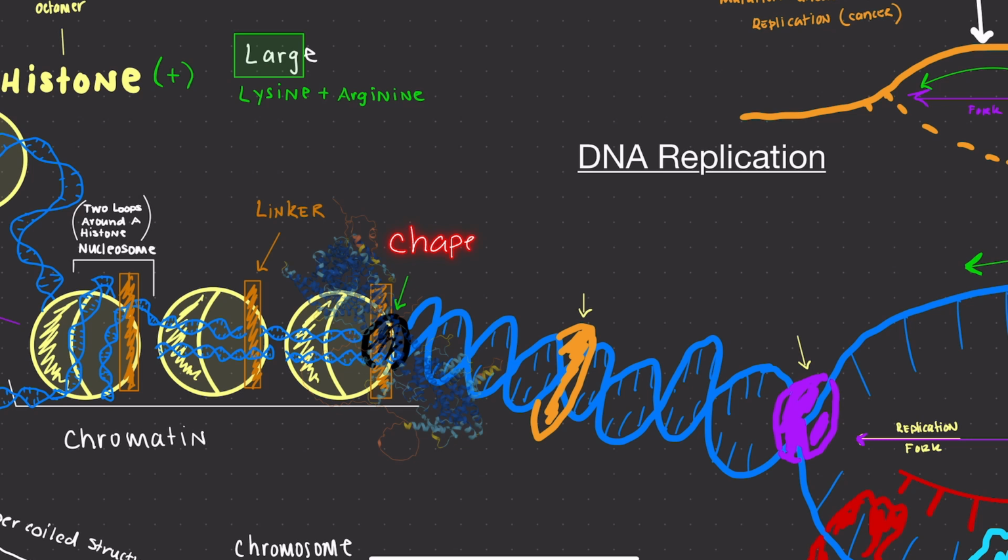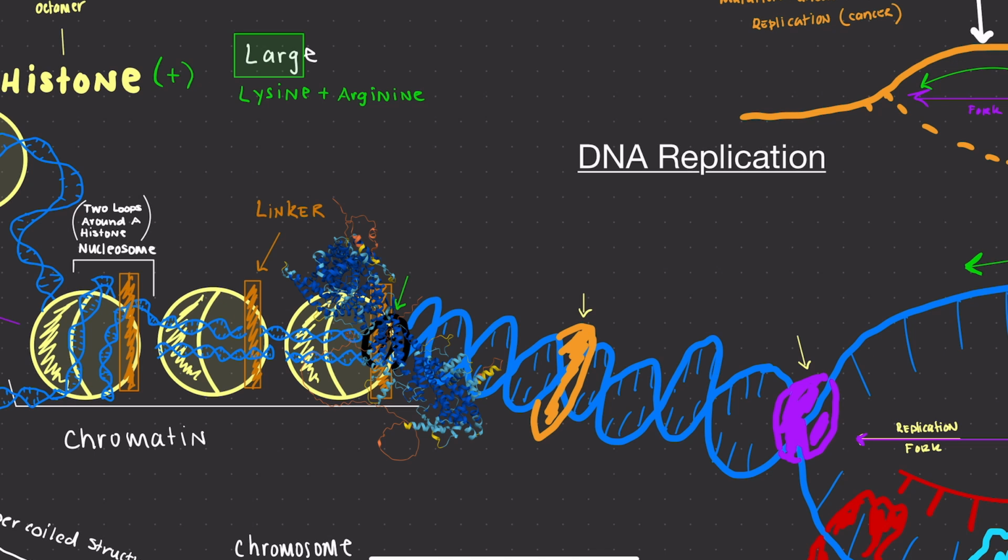Now, if you remember, our DNA is tightly linked together through linkers that coil around histones and make up the chromosome. Well, we need to relax the DNA that's linked together so that we can unwind it and then open it up or slice it open for replication to take place.